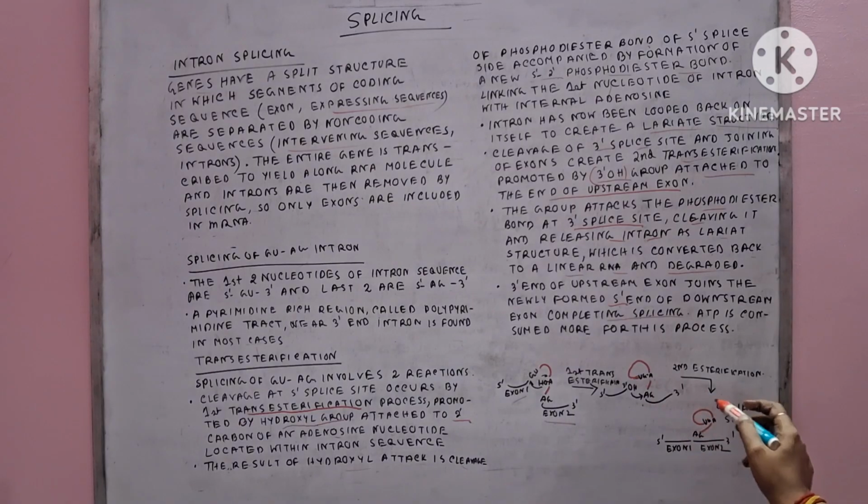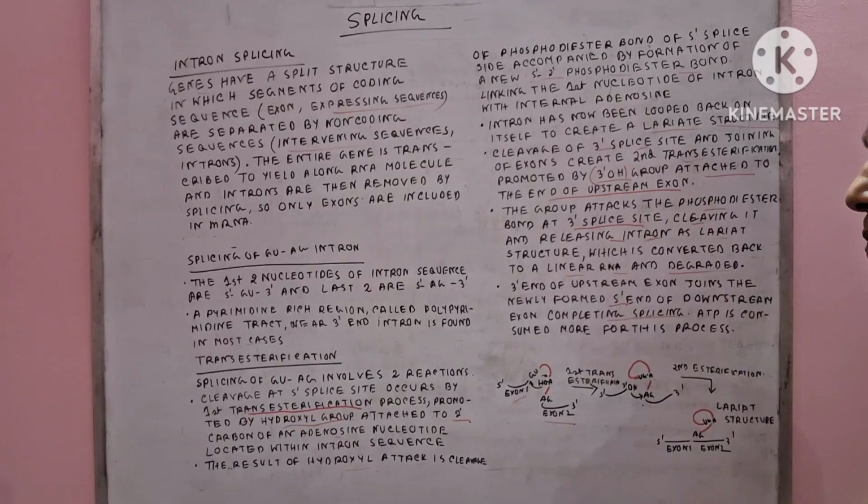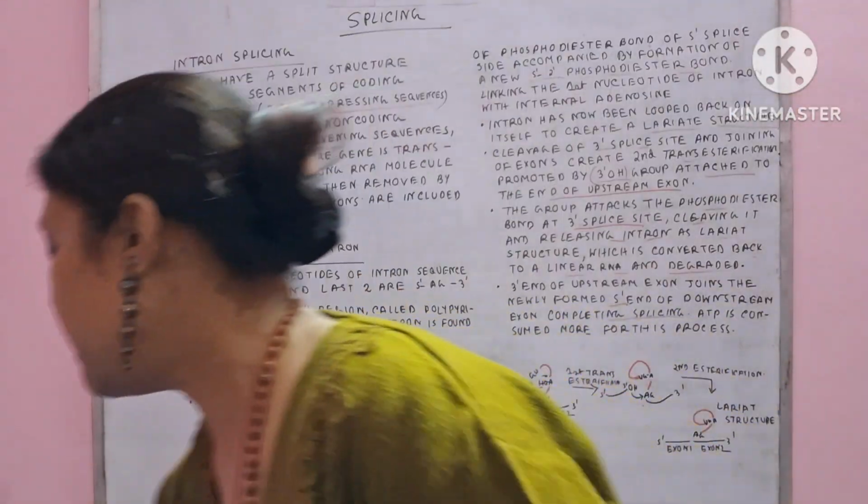Clear? And you can see in the third stage, in the form of the lariat structure, this AG and AU are both released from this linear mRNA, and here you can see that the lariat structure is already formed, and the 5' exon and the 3' exon are both attached to form the linear mRNA.